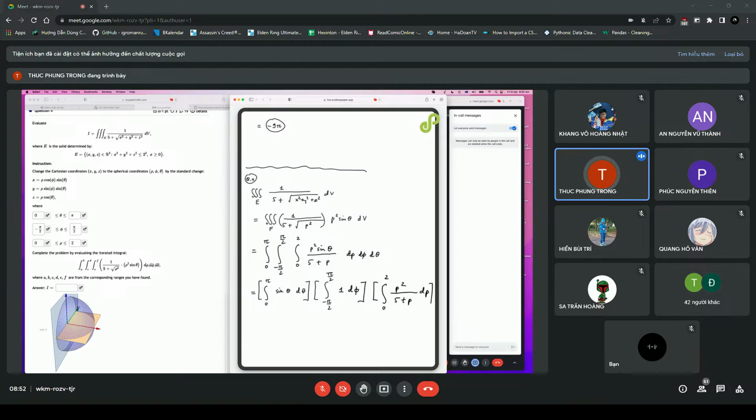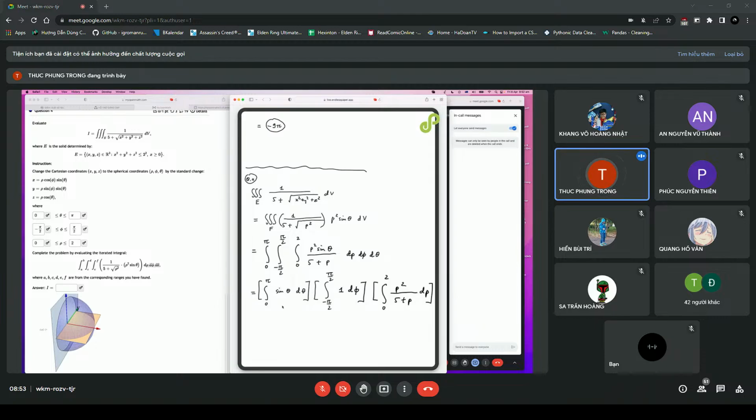Of course, you can write in any order. It doesn't matter because we have a product. So the order right here is not important. Right here, I write d theta first, and d phi, and then d rho. But you can see the order is not important. You can write in any order.